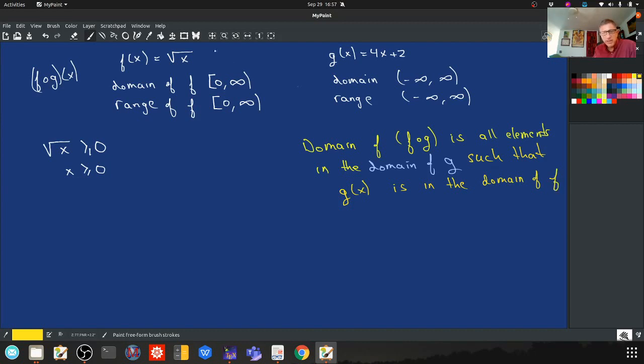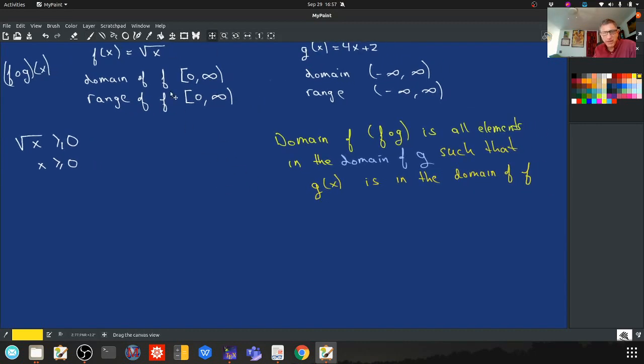Maybe I'll put that as f of x there. That makes it look more like a function.